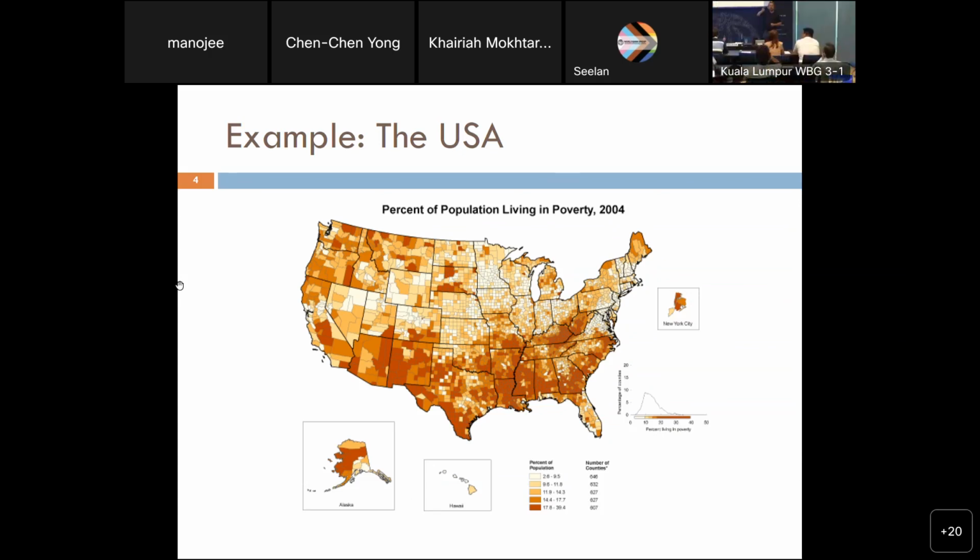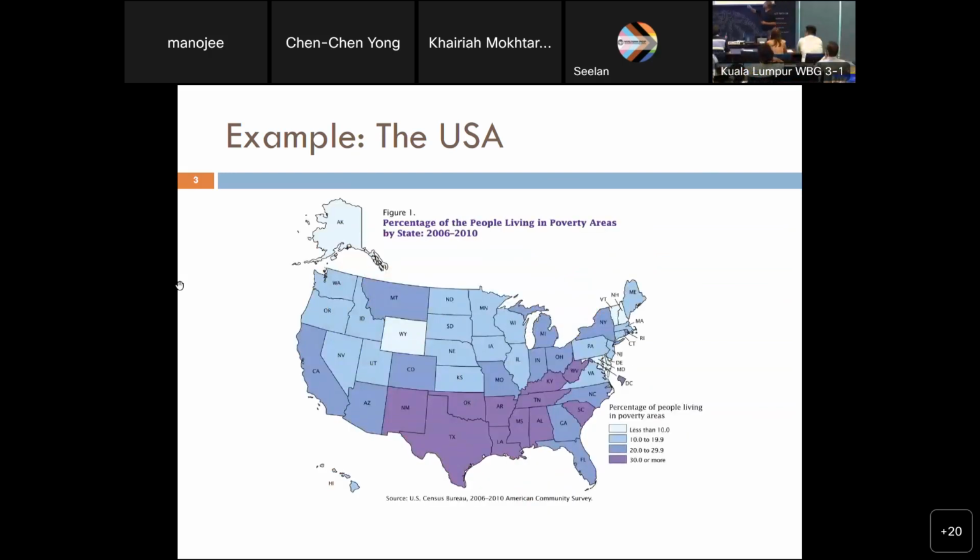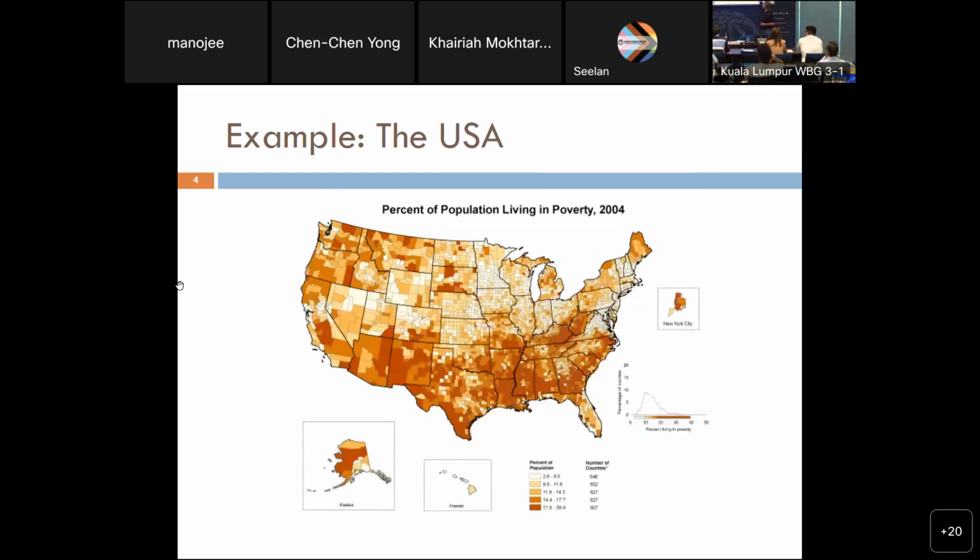Percentage of the state's population? No. Whatever the unit of observation of the map is, in this case, what we're mapping is the percentage of the population within the state who is below the poverty threshold. Here, for every county, this is a county level map, it's a percentage of the population within that county, right?